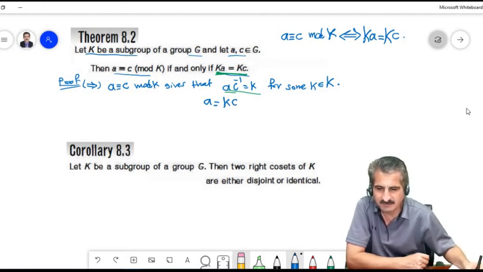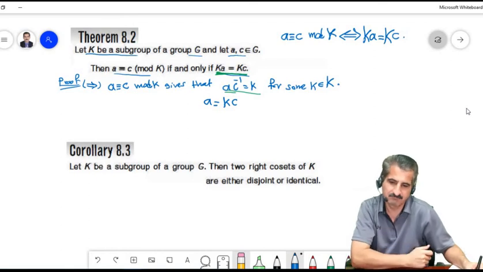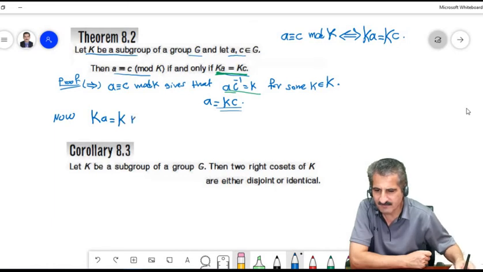And now we want to show that K times A equals K times kC, right? The big K is the subgroup, correct? Now this is contained in KC.